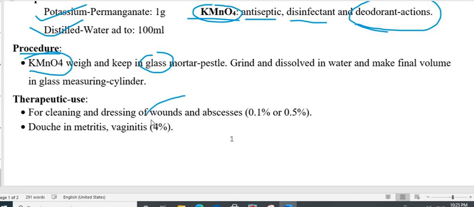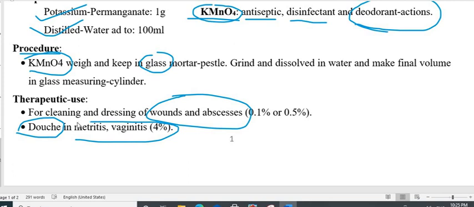Use it for skin conditions, for dressing of wound and abscess, and as a douche in the female genitalia to wash it, but the percentage is 4% usually, and for cleaning of the wound and abscess it is 0.1 to 0.5%.